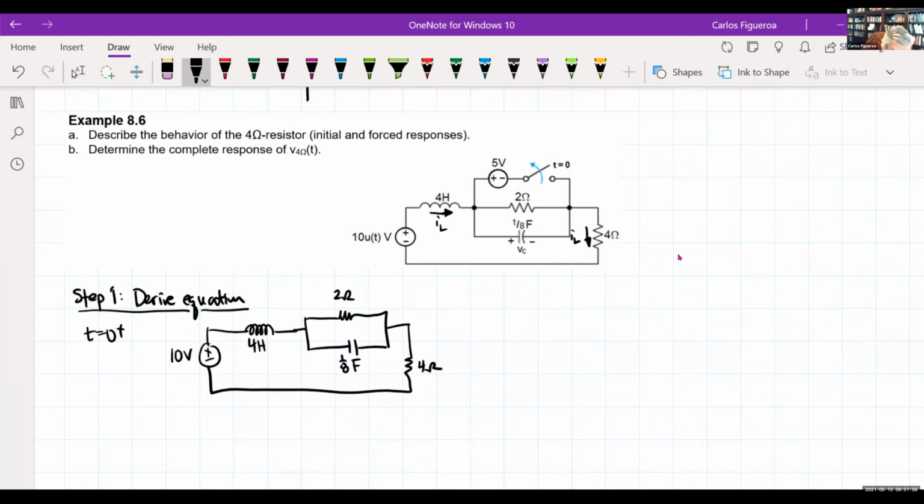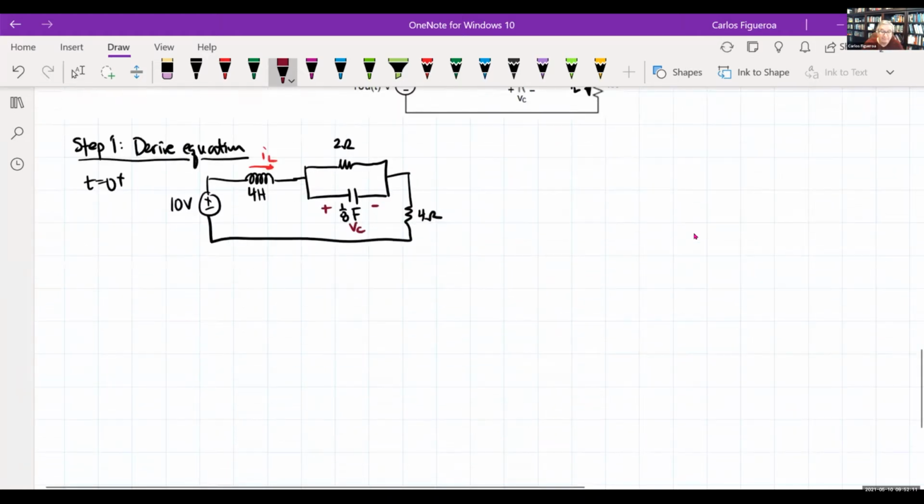So I know that this guy here is my inductor current, and clearly I have positive, negative here for VC. So let's go do it. How am I going to do it? I'm going to apply KCL. If I look at this node right here, you could see that the inductor current is going to split here.